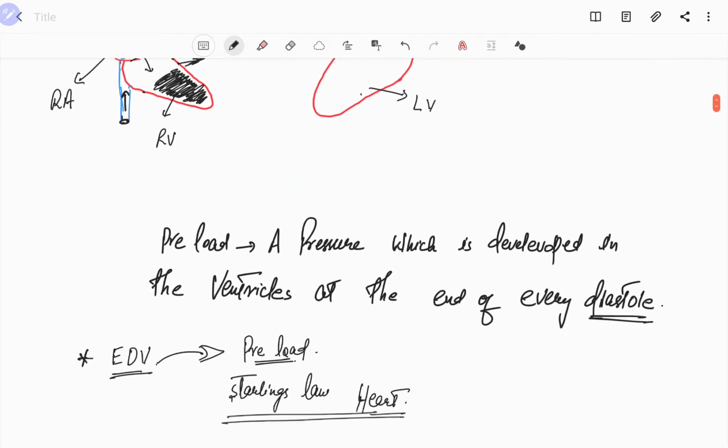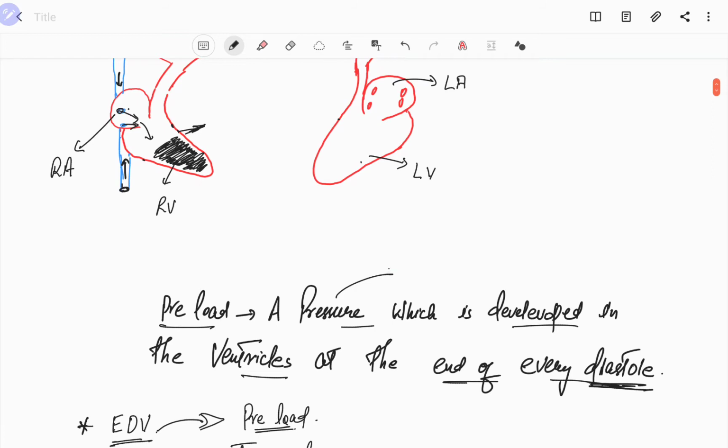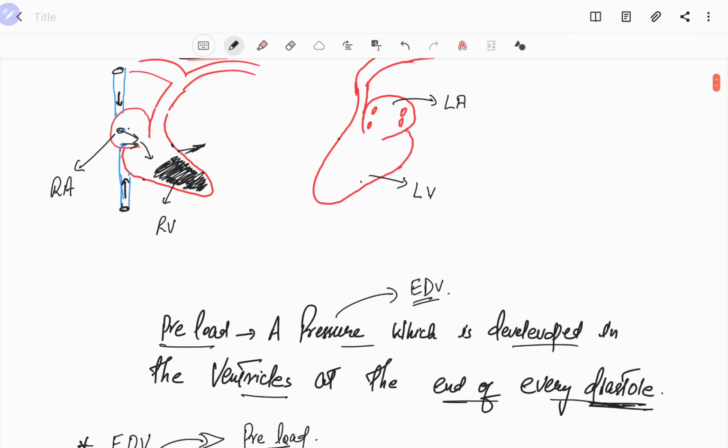As I have written here in the definition, preload is the pressure developed in the ventricles at the end of every diastole, and this pressure has a direct relation with the end diastolic volume of the heart.